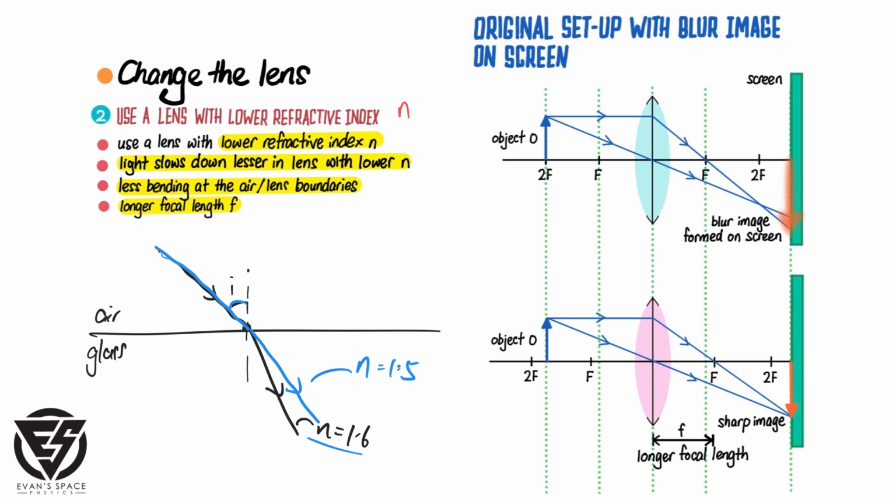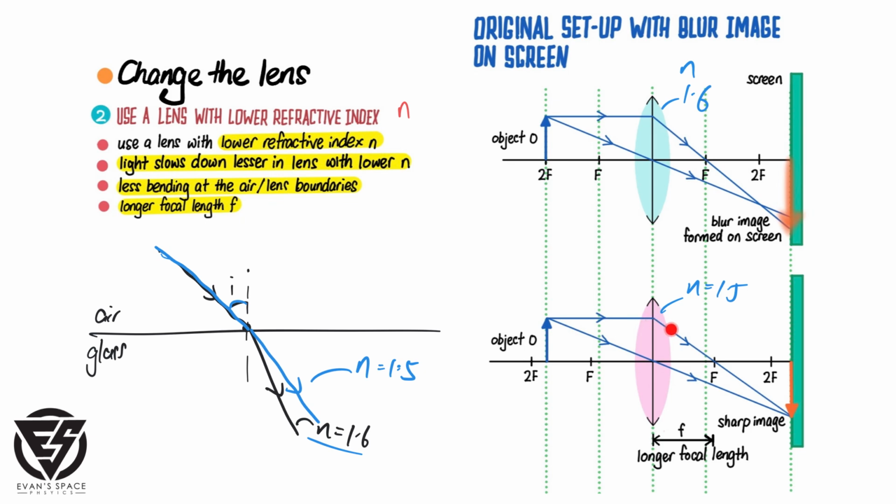So if you understand the concept, we can apply it to the lenses here. Just now you can treat it as n equals 1.6. Now I'm going to change it to a refractive index of 1.5. As mentioned just now, the light will slow down inside the lens, but it will still be faster than when the speed is here, so less bending.